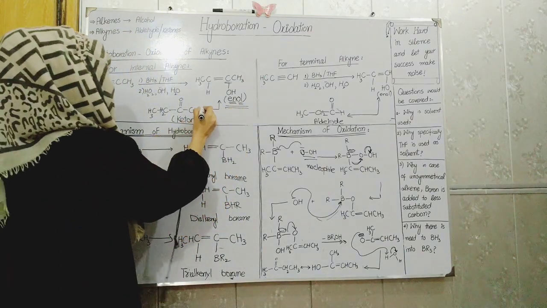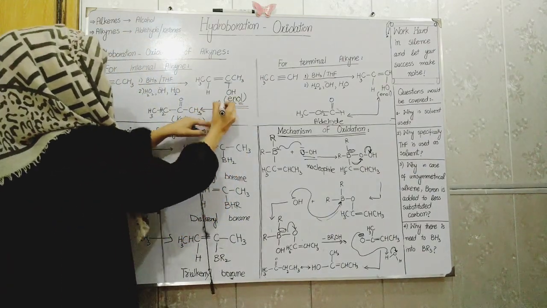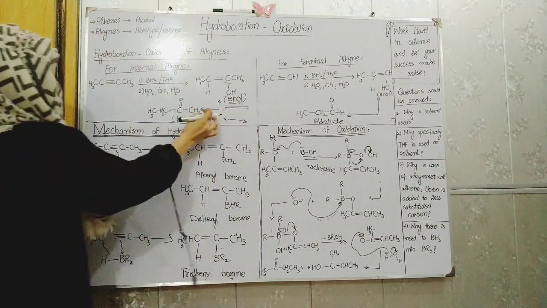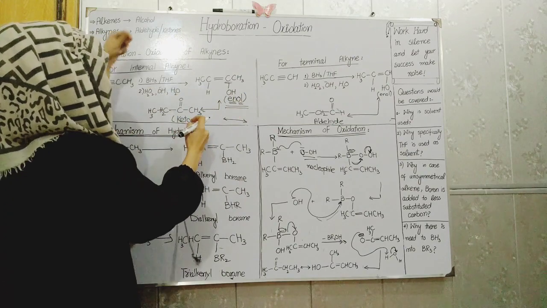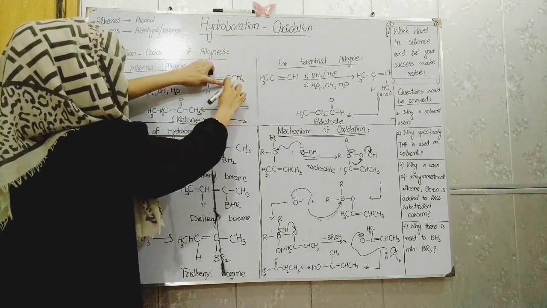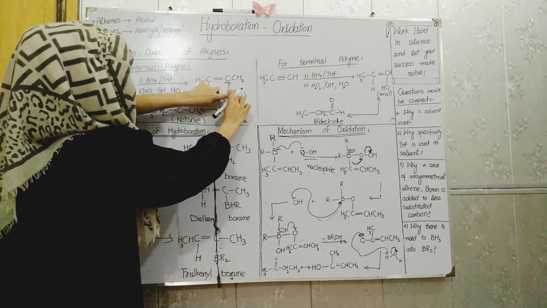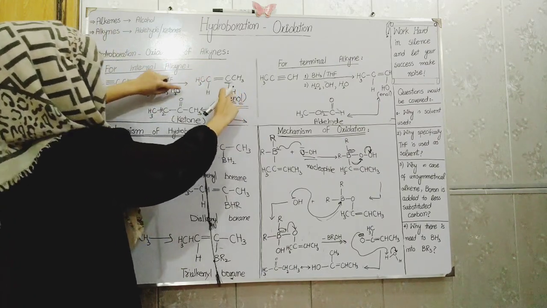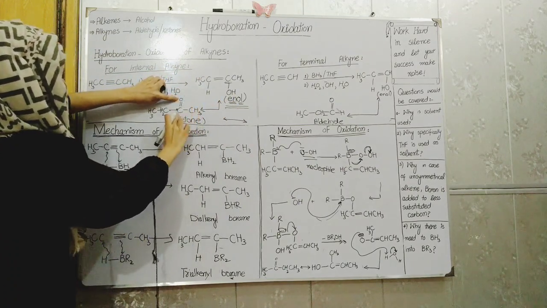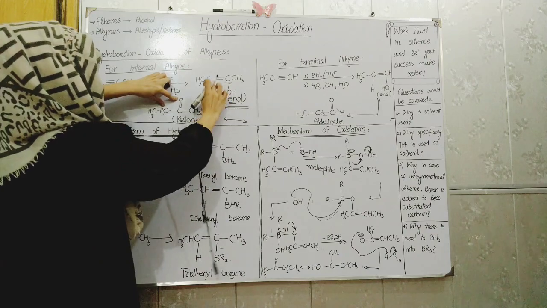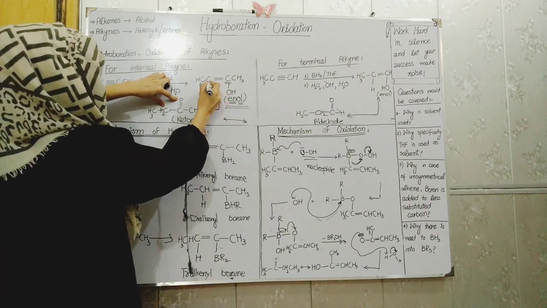And this enol is tautomerized into the keto form. We use this arrow to show the tautomerism. How is it tautomerized? The hydrogen from the oxygen moves towards that carbon.